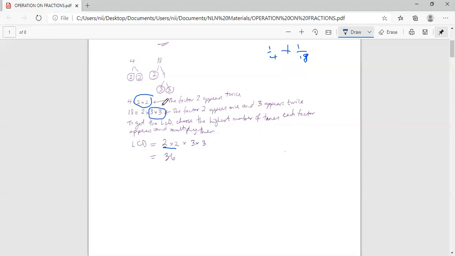There's none here. So the maximum is twice. So that's what I have here. So you multiply the highest number of times each factor appears. Okay. So the LCD of 4 and 18 is 2 times 2 times 3 times 3, and that is 36. Okay, so that's how you find the LCD.